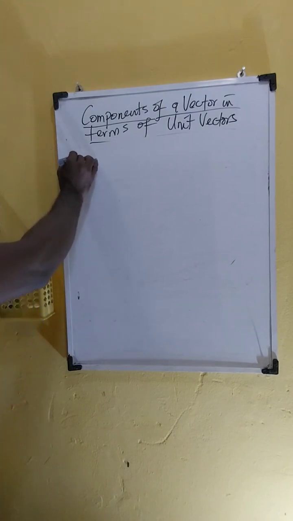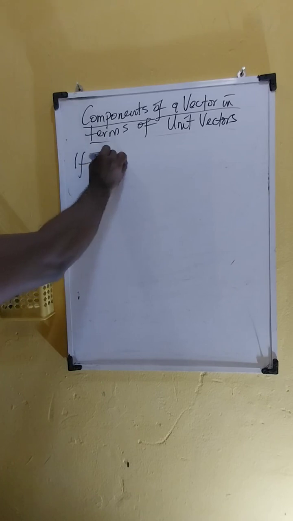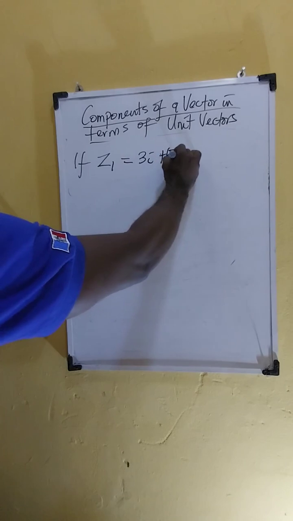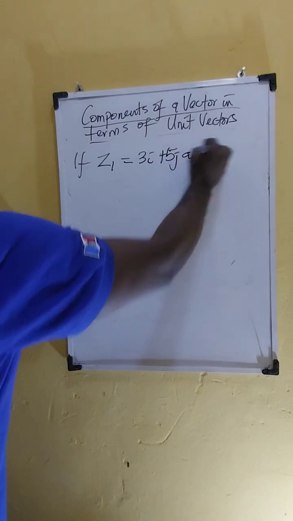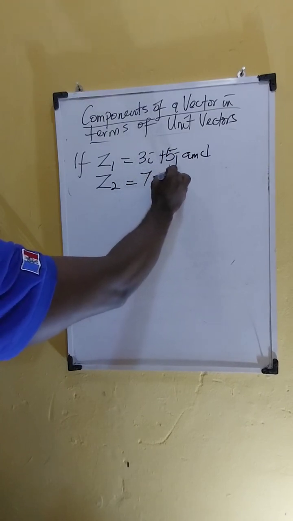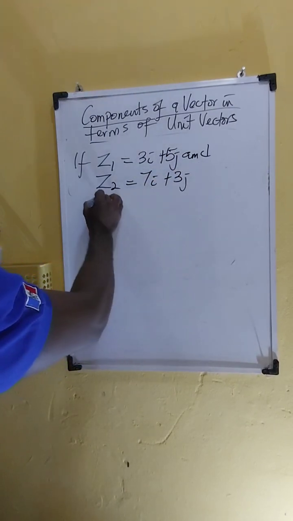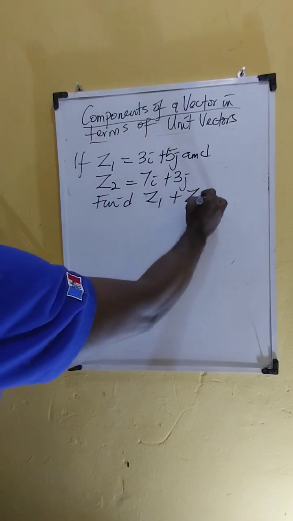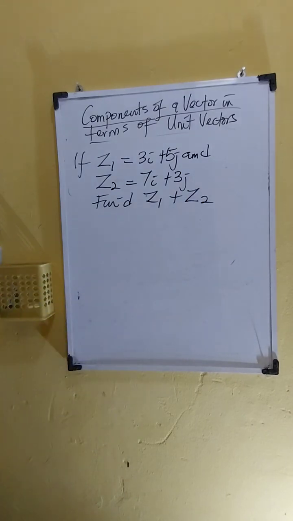You have something like this: if Z1 is equal to 3i plus 5j and Z2 is equal to 7i plus 3j, find Z1 plus Z2.